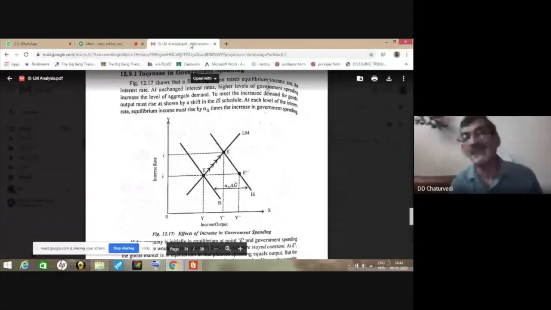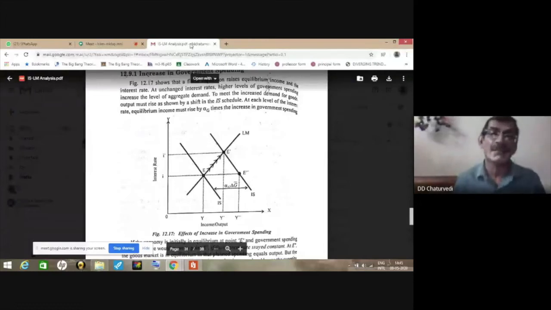Well, students, this is a very important point for you to understand: the gap between the two IS curves is equal to alpha G into delta G bar. But the change in income in equilibrium is by a somewhat lesser amount.